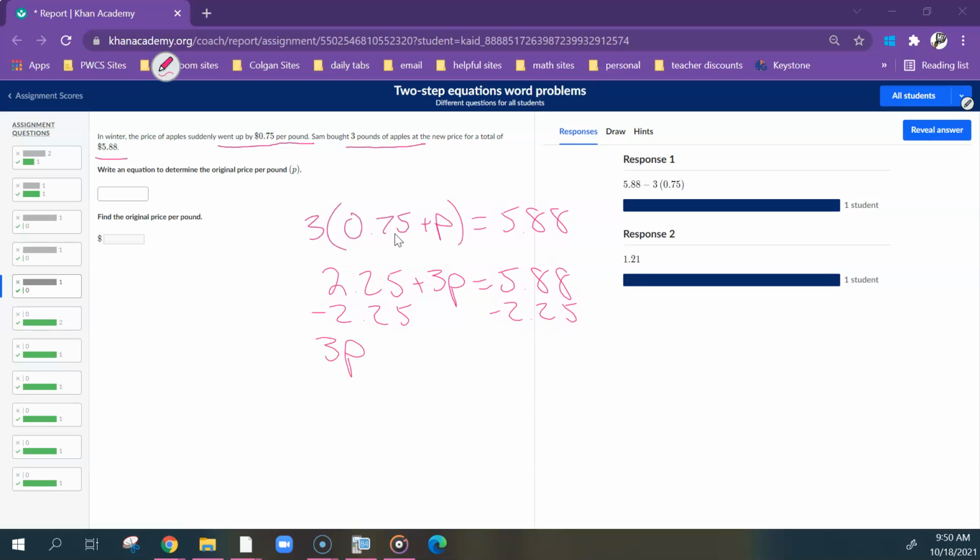So 3P equals 3.63, and then divide. Again, you guys have your calculator. Tell me what that would be. 1.21.